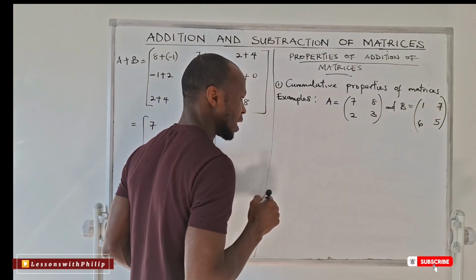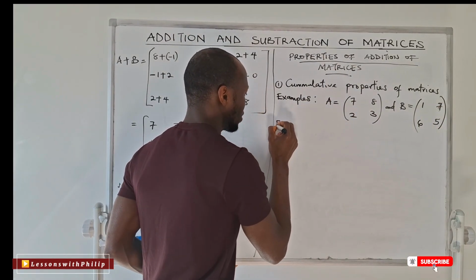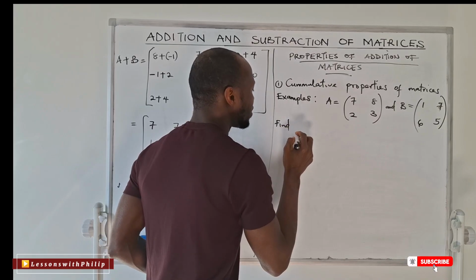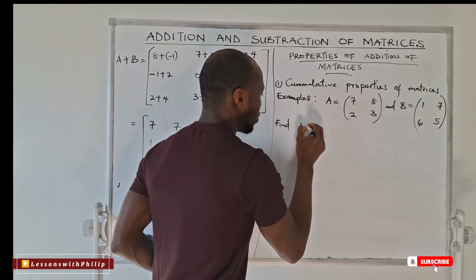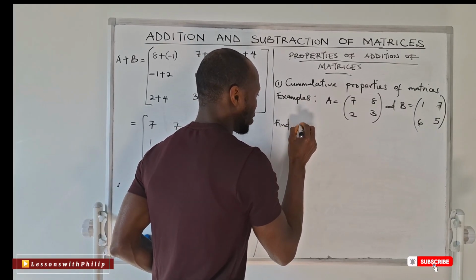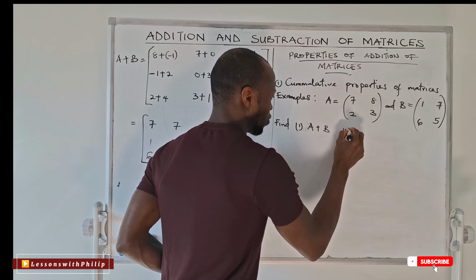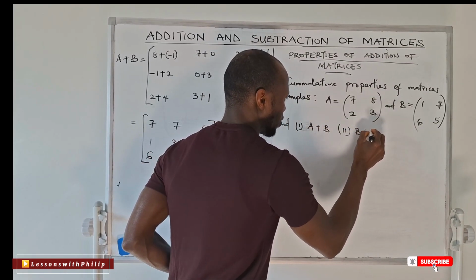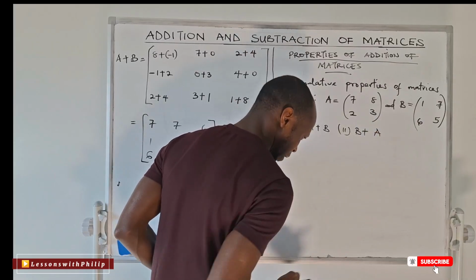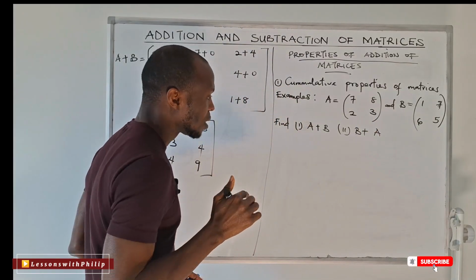Now find: Roman figure 1, A plus B. Roman figure 2, B plus A. Okay? Now, let's do it.